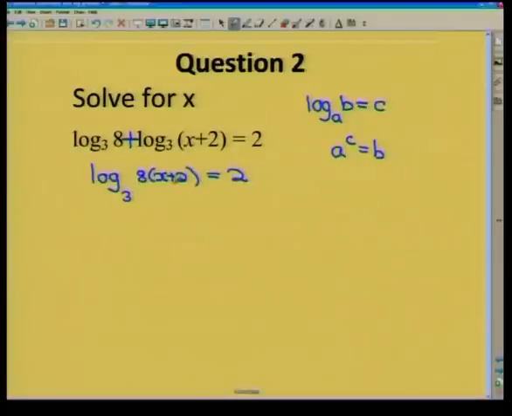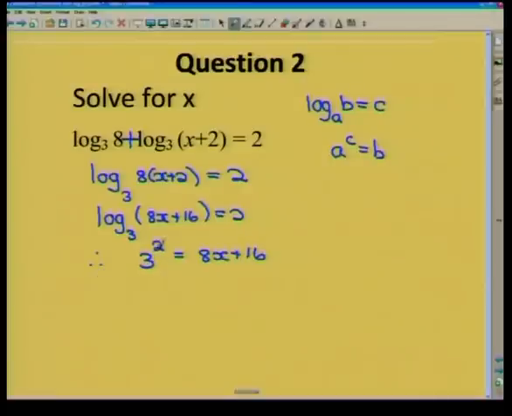Now at this stage I can multiply this in, or I could just leave it like this, but let's multiply it in so it makes it look more coherent. So 8 into that will give me 8x plus 16 equals 2. Now it's fitting that particular shape, so I can go therefore 3 to the exponent 2 equals 8x plus 16.